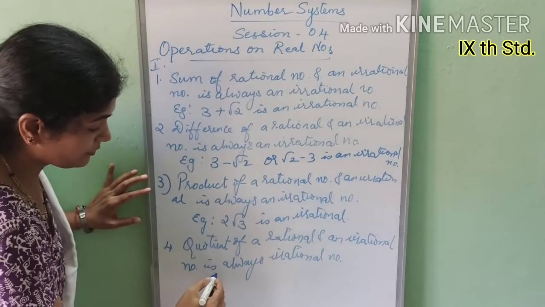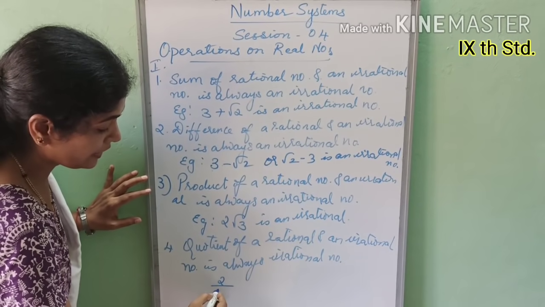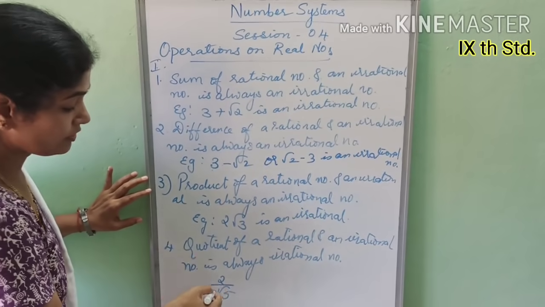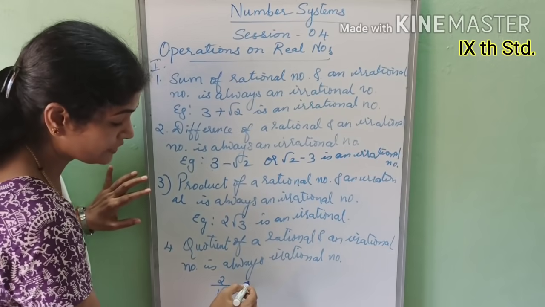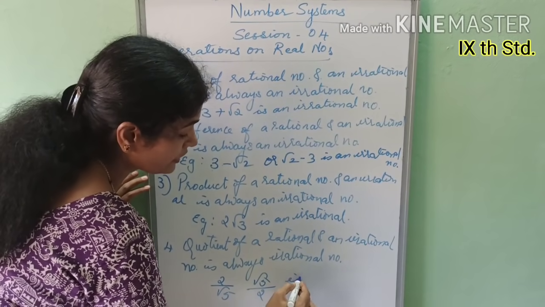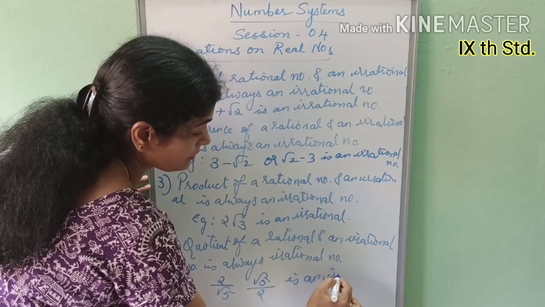For example, if I am taking the rational number 2 by the irrational number root 5, the quotient is always irrational. Or the other way, if it is root 5 by root 2, then also it is an irrational number.